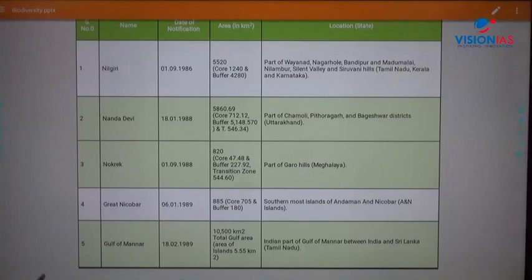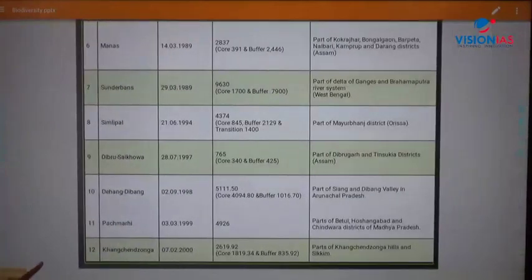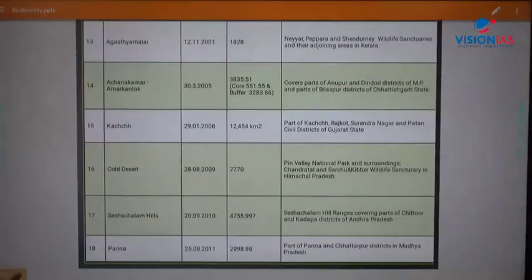Then the eighth one is Achanakmar-Amarkantak. It is there on the board, number 14.